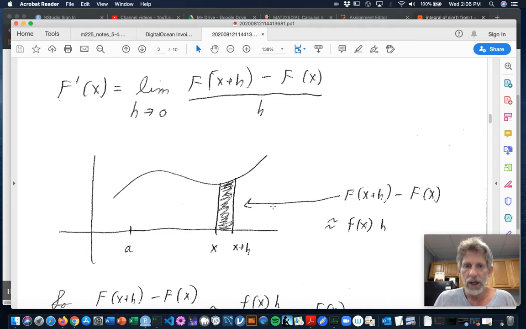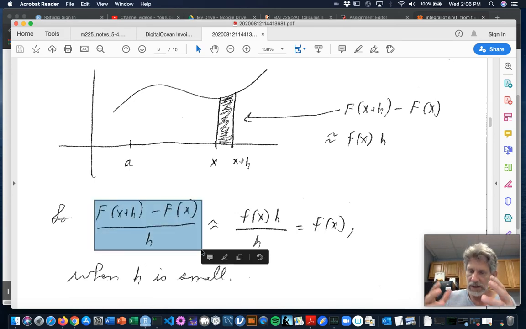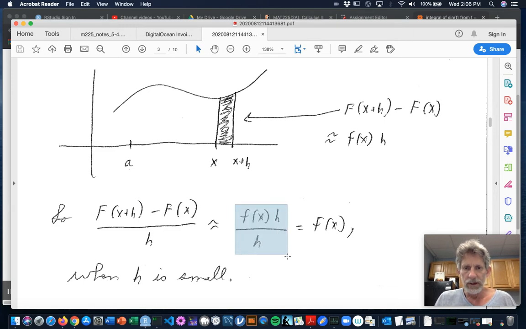So the shaded area is really close to the area of a rectangle whose base is h and whose height is f of x. So the top of this fraction is really close to just f of x times h. And so the fraction, the little secant line for the capital F, is really close to this, and the h's cancel.